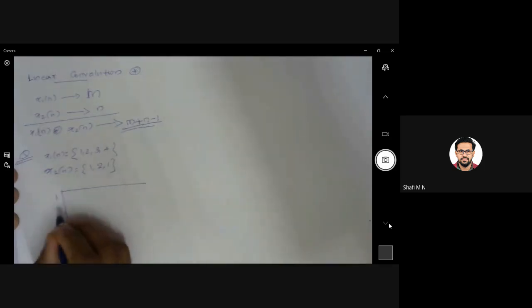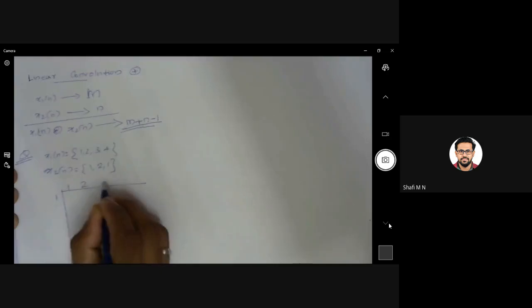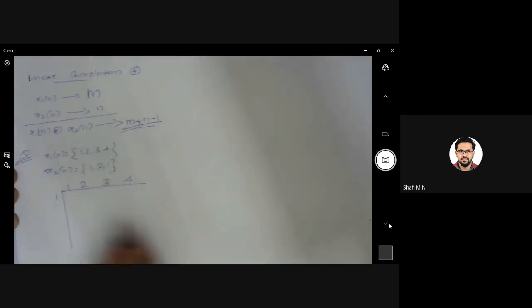You write the first sequence, 1, 2, 3, 4. The second sequence is 1, 2, 1. You can interchange them also, since x1 convolution x2 is equal to x2 convolution x1. Both are the same, so you can write it either way.